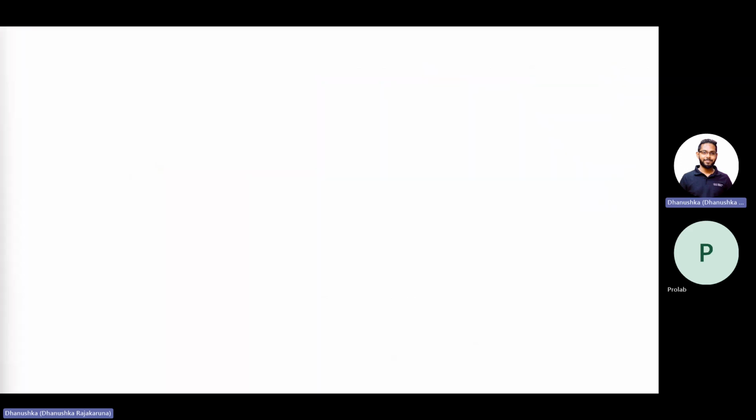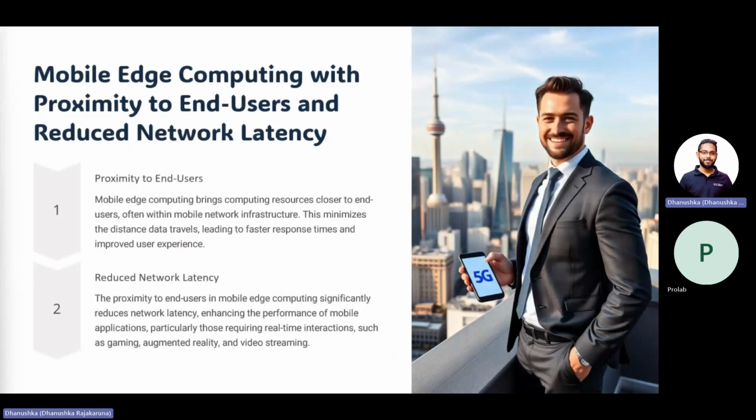So next one will be mobile edge computing, with proximity to end users and reduced network latency. Mobile edge computing, or MEC, is a transformative technology in IoT and telecommunication domains.